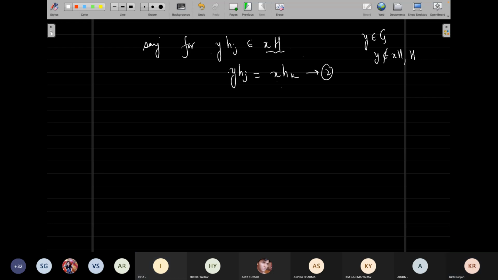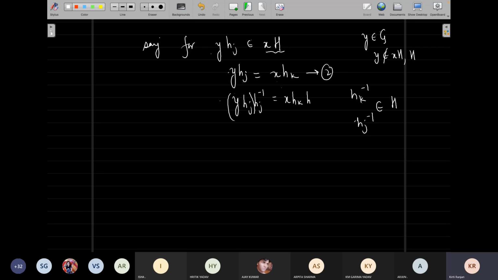Now, what if I multiply with HJ inverse from both the sides? Will HJ inverse and HK inverse belong to H? Both of these belong to H, right? So let's do that and tell me what happens. So YHJ, HJ inverse. Where does this belong?